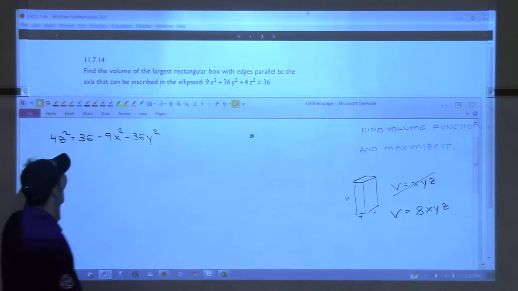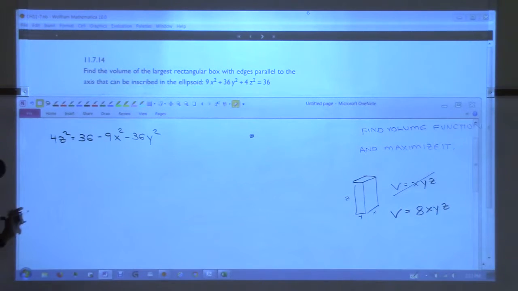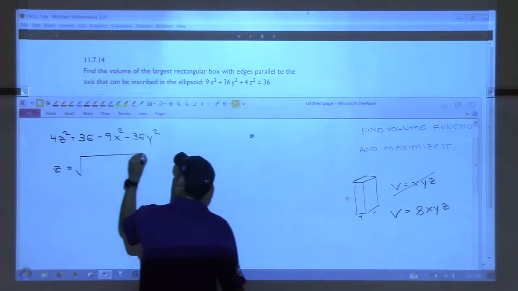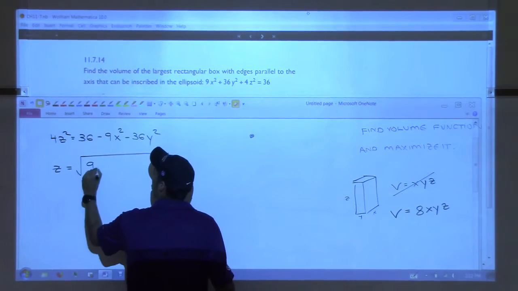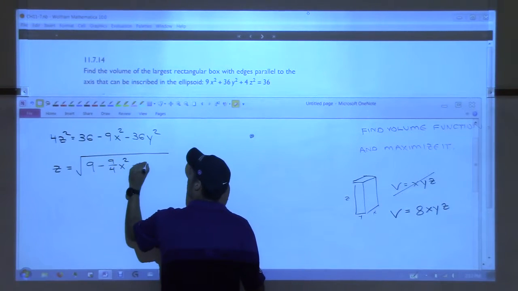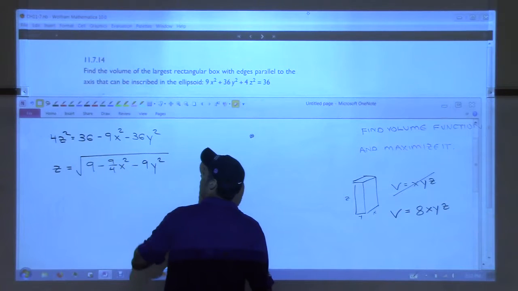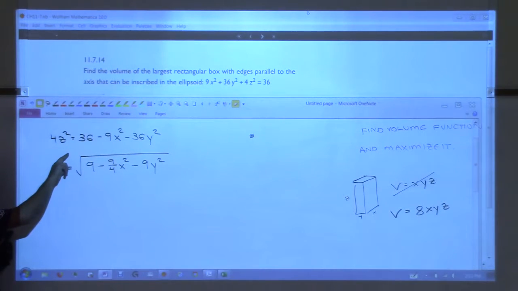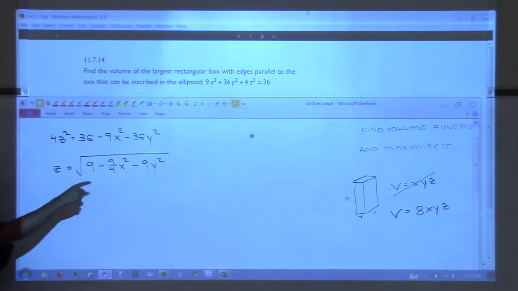And then I'll divide everything by 4 and take the square root. So z equals the square root of 9 minus 9/4 x squared minus 9y squared. And technically this should be plus or minus because I took the square root, but because we are looking at that little box in the first octant, I'm just going to be taking the positive.